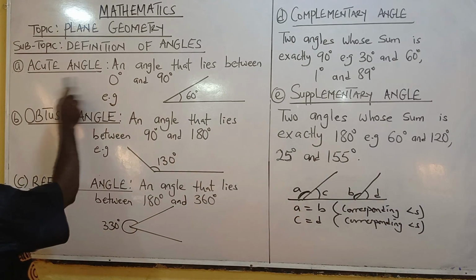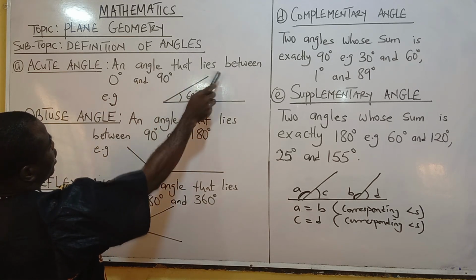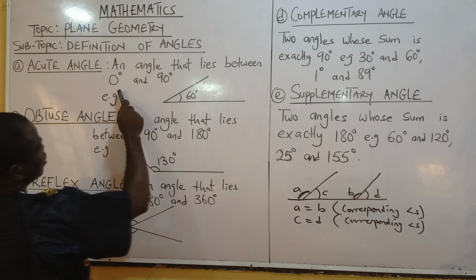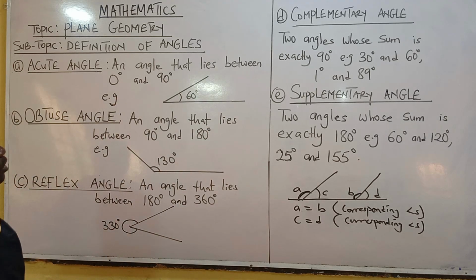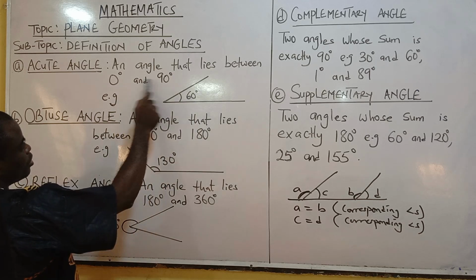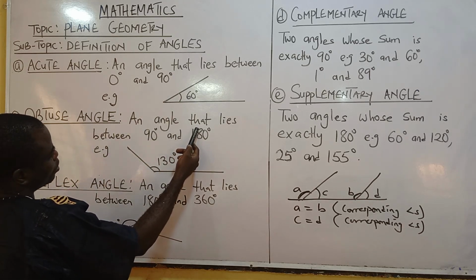Let's see acute angle. An acute angle is an angle that lies between 0 degree and 90 degree.